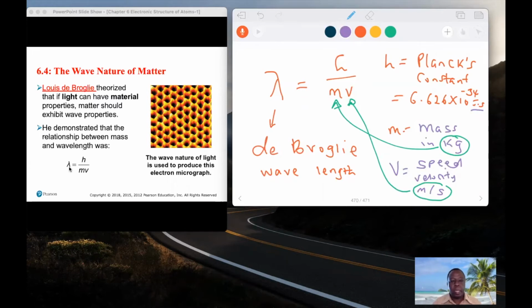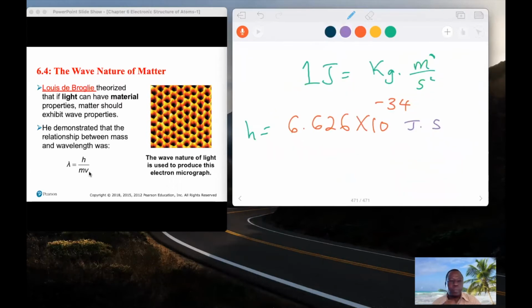In this case, it has to do with the electron. The challenge is that there's a compound concept you need to apply. It's not always going to be mass in kilogram or velocity in meters per second. You have to use prior knowledge to do the conversion.